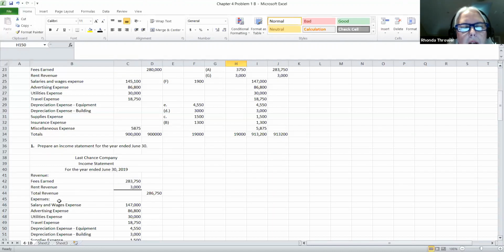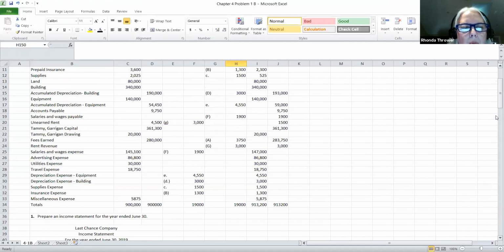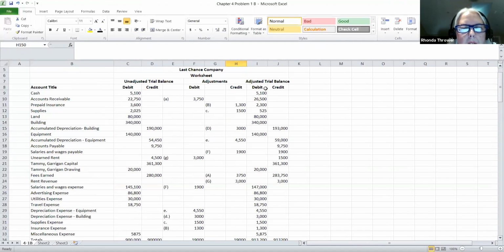The next step in preparing the income statement is to list all of your expenses, and the amounts will come from the adjusted trial balance. So we'll go back and we'll look at our worksheet. We're looking at our adjusted trial balance and our ledger accounts. We want to look for expense accounts. Notice your expense accounts start down here on line 25, which is salary and wages expense.